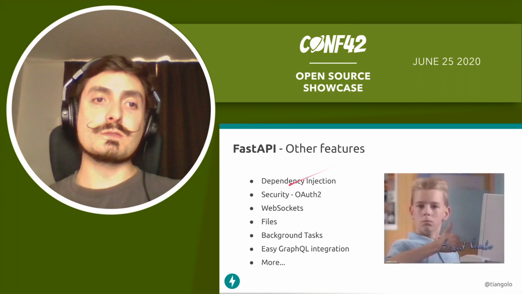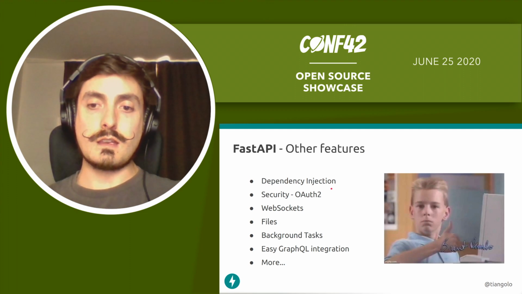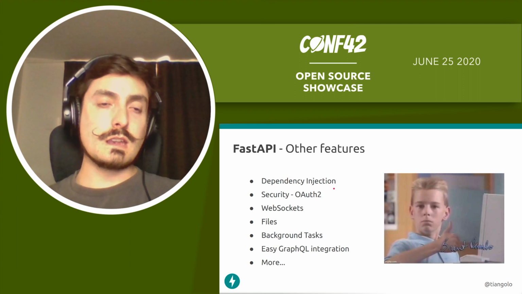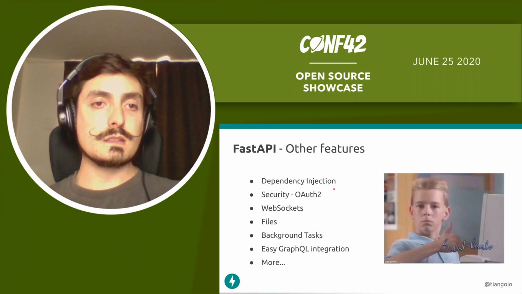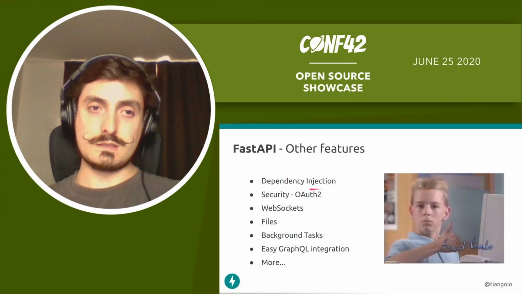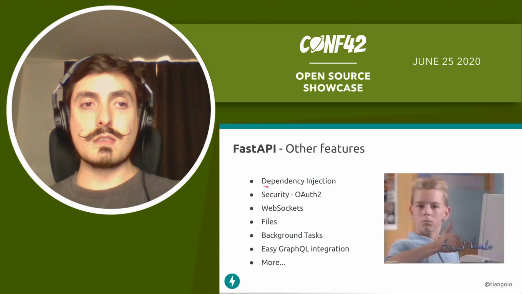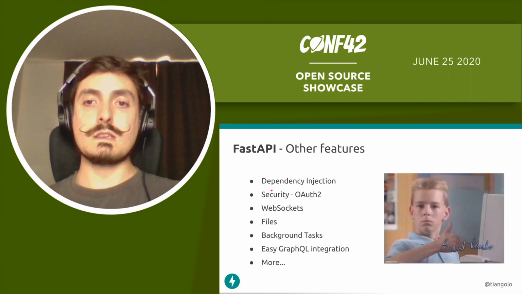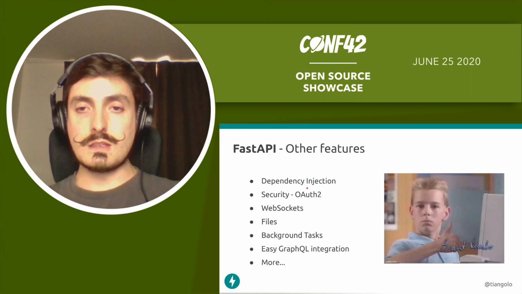Cool. Some other features. FastAPI has a dependency injection system, which is very simple to use, but allows you to do very fancy stuff like authentication, authorization, or even database session management. A bunch of things that you can do using the dependency injection system. And the dependency injection system is also integrated with all these standard things, so you also get documentation automatically with it.